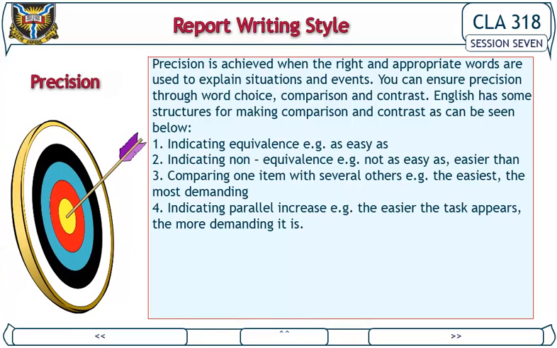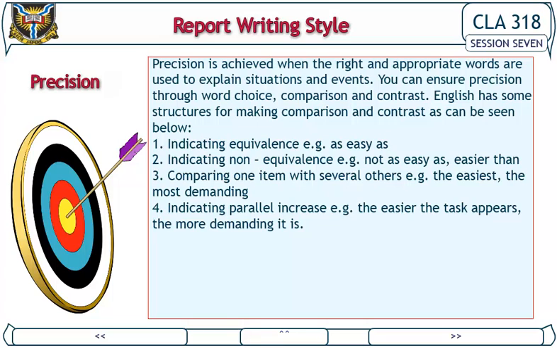Precision. Precision is achieved when the right and appropriate words are used to explain situations and events. You can ensure precision through word choice, comparison, and contrast. English has some structures for making comparison and contrast, as can be seen below. 1. Indicating equivalence, e.g. as easy as. 2.